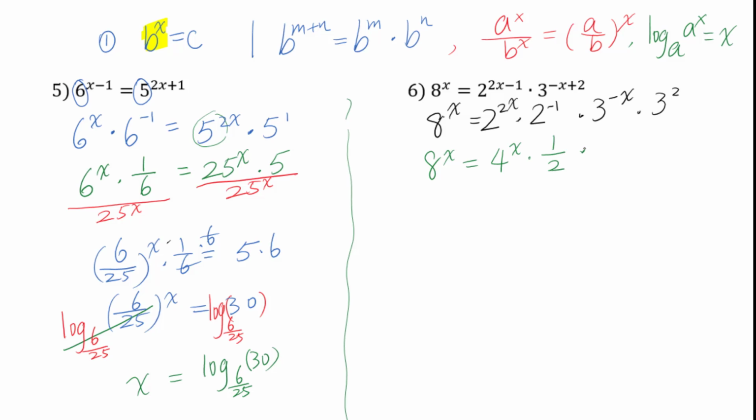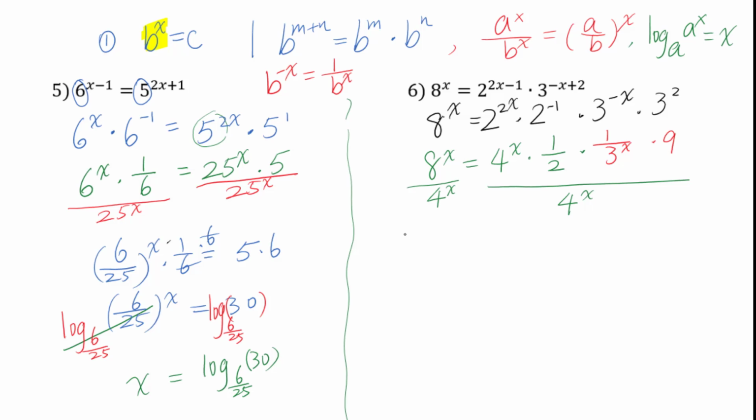Then times, for b to the negative x power, I can write 1 over b to the x power. So we have 1 over 3 to the x power times 9. Isolate the exponential expressions on the left side. So we divide by 4 to the x power on both sides.